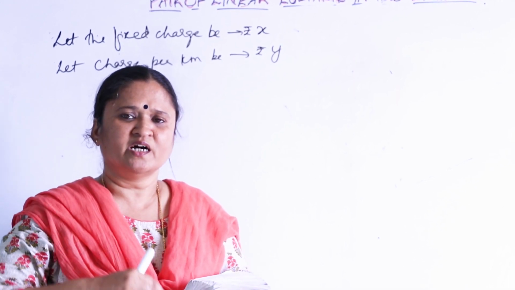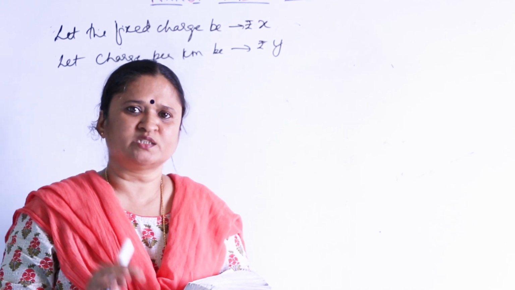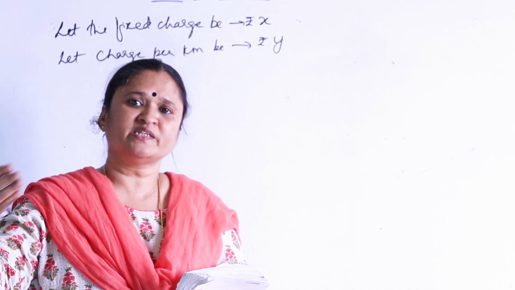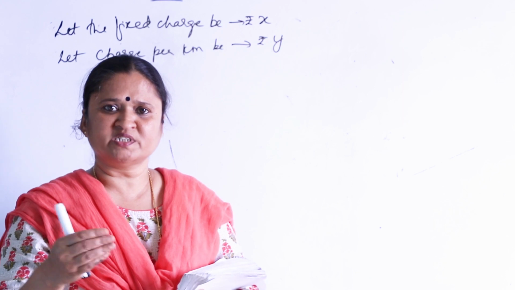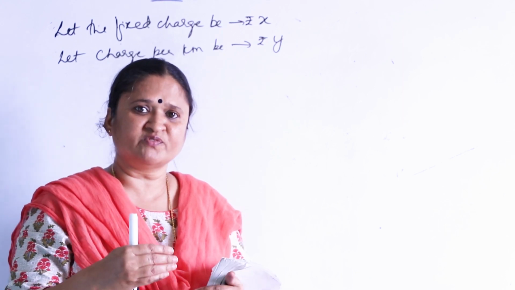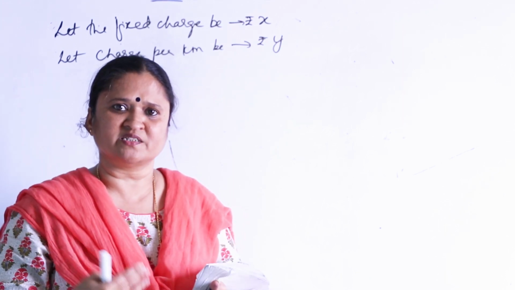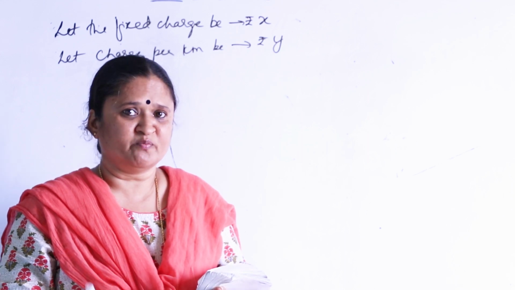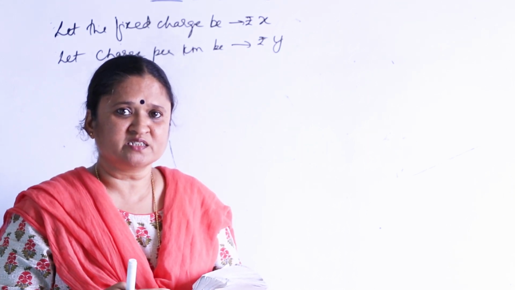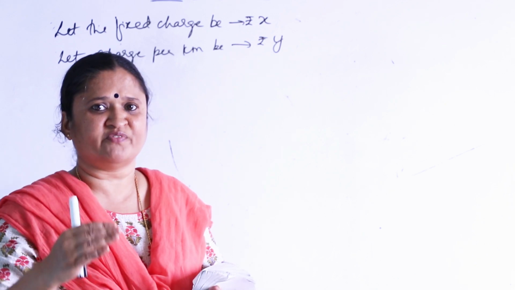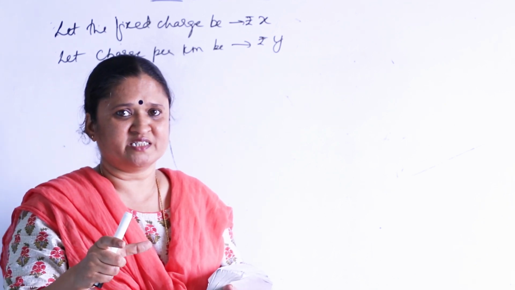Let us say up to 3 kilometers, it's 20 rupees. Beyond that, whatever you travel, you must have noticed in auto rickshaws, after some time, the meter starts running, right? When does the meter start running? It starts running after we finish the fixed charge distance.